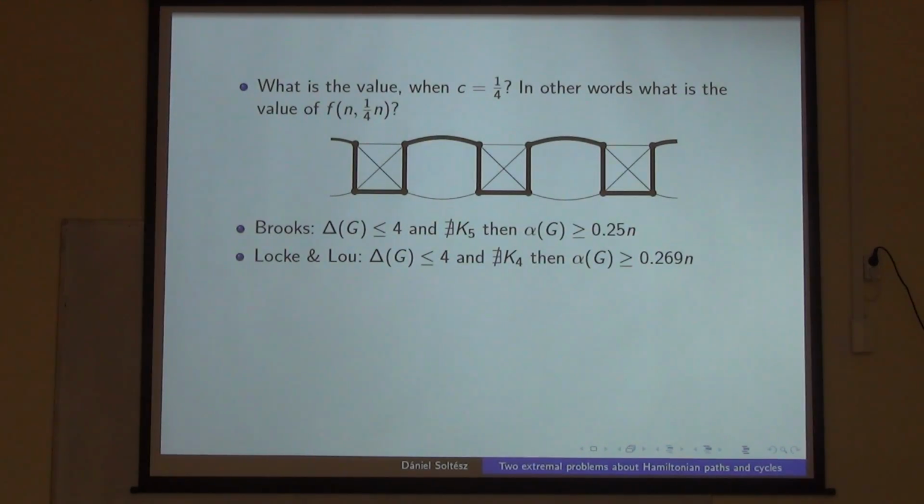And well, using this, we can have a very nice lemma, but I can't talk enough to give you the feeling of the niceness of this lemma.